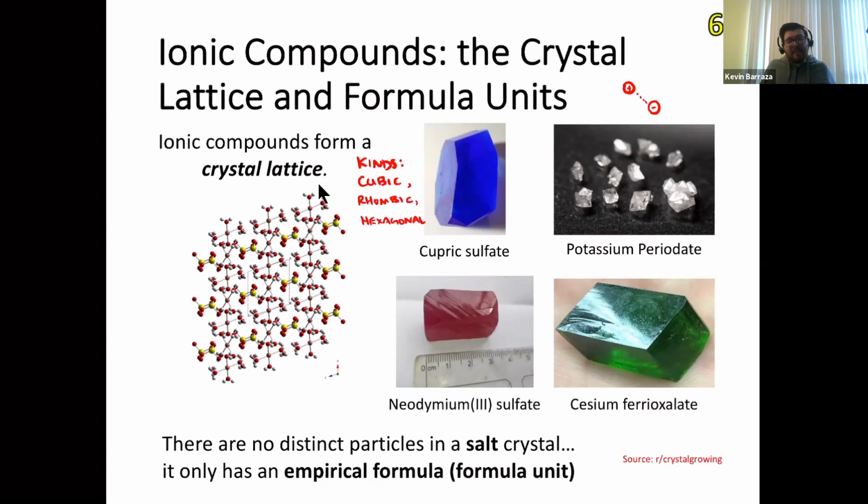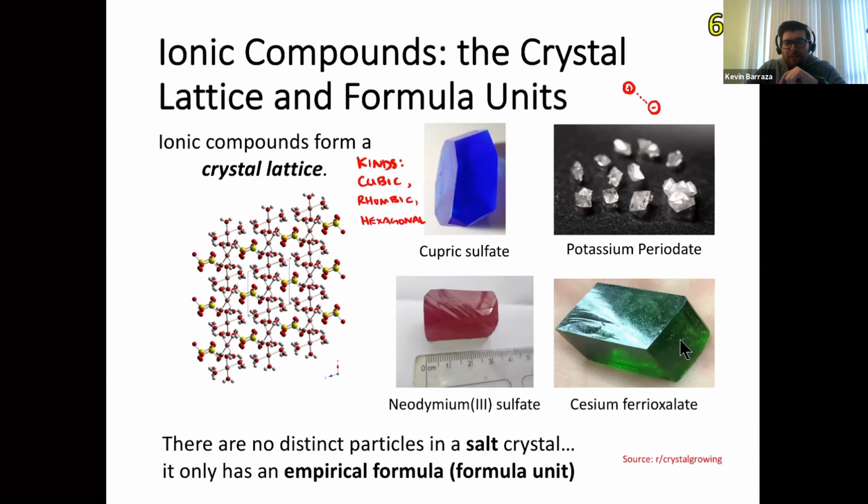That all depends, but the point is that because of these ionic bonds, which are like small little magnets, we can get very interesting geometries that result from the little geometries of the original ions.